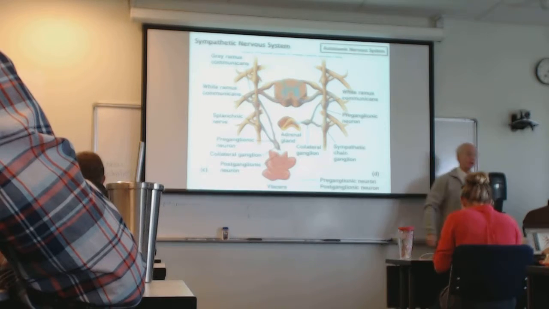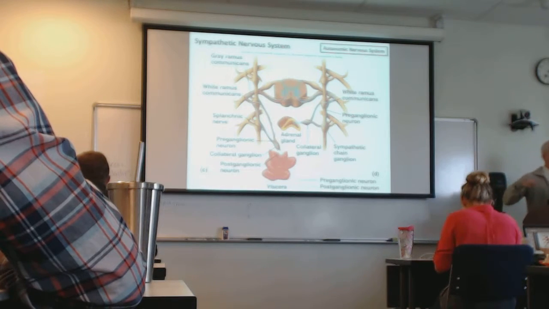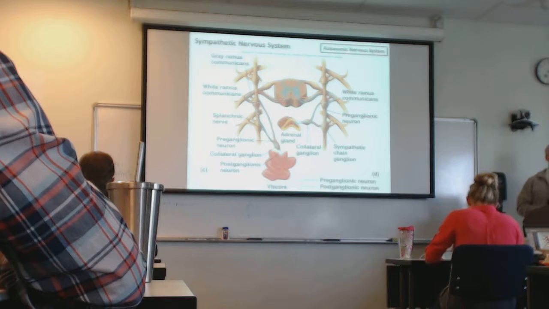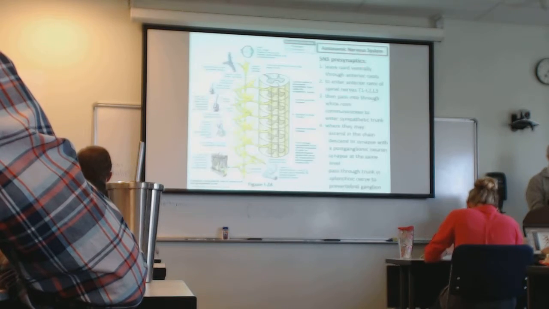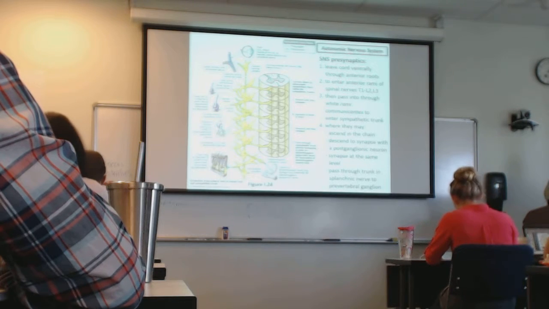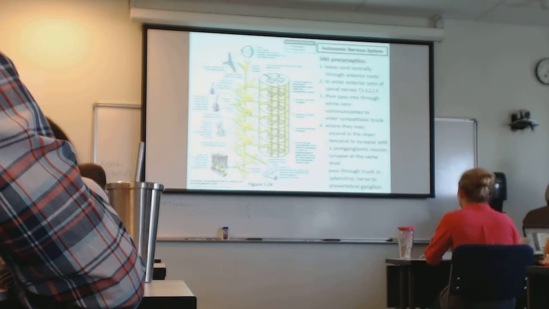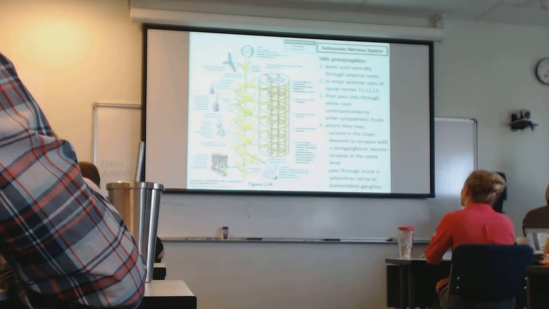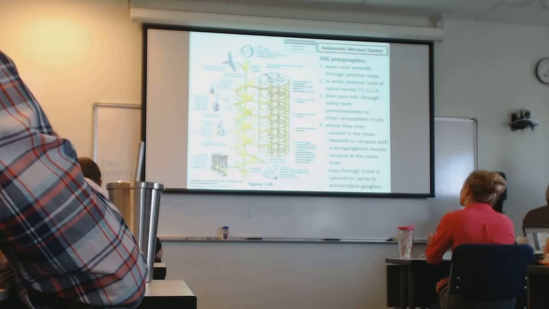So now when you look at those larger diagrams, you should see a clear pattern there. You can pick any one of these, for example. You can see here we have a preganglionic, it's coming out. This is probably not the best one to pick, so a couple of these. There's a white ramus coming in.